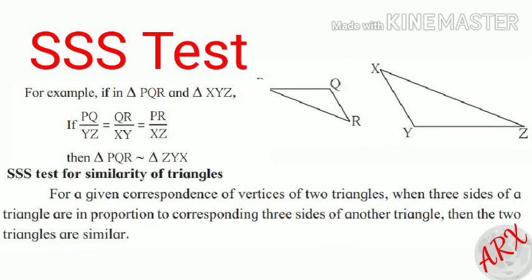For example, in triangle PQR and triangle XYZ, if PQ upon YZ equal to QR upon XY equal to PR upon XZ, then by correspondence triangle PQR is similar to triangle ZYX.